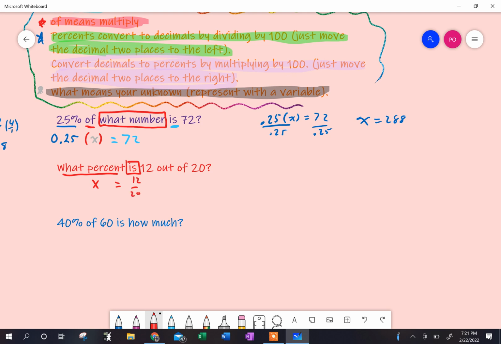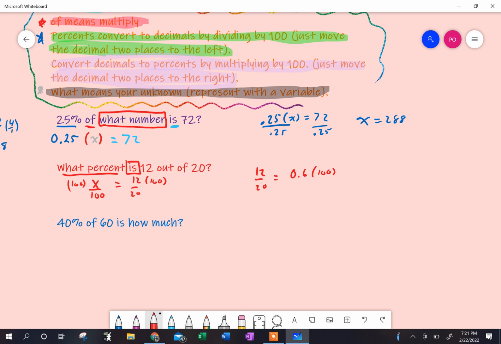Now, you might as well just do the percent proportion on this. But really, all you're going to do is you're going to say 12 divided by 20 is equal to 0.6. And then you need to multiply 0.6 by 100. Because we're looking for a percent.